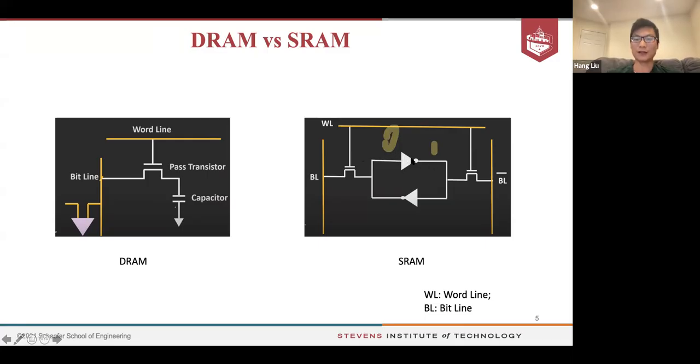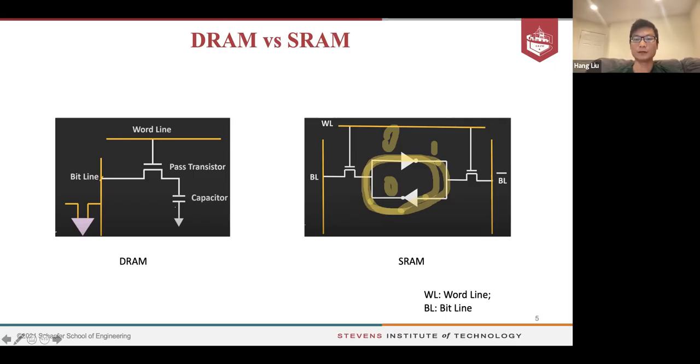A 0 passing through a NOR gate goes to 1, and a 1 passing through a NOR gate goes to 0. So it's a feedback. If you have some value here, it's always back and forth, so it's re-strengthening the information. That's why SRAM typically does not need refreshing to maintain the value, right?